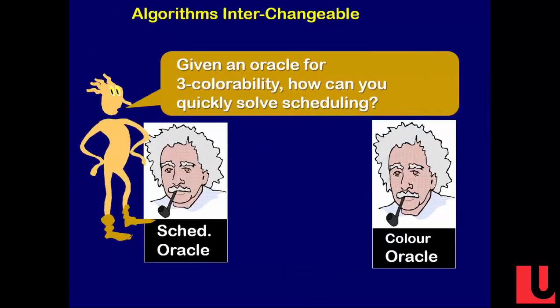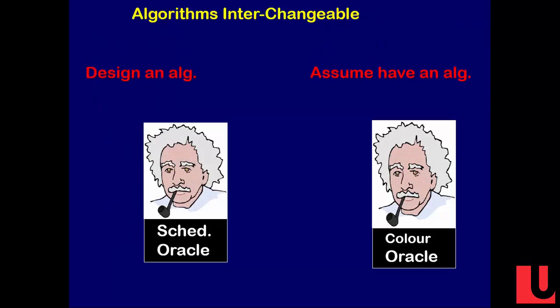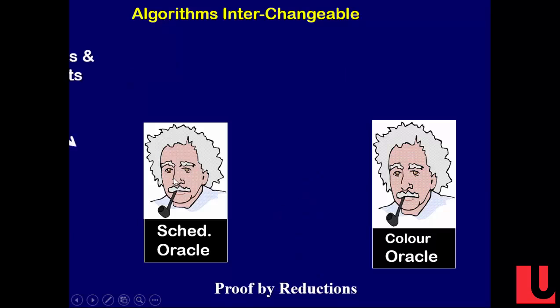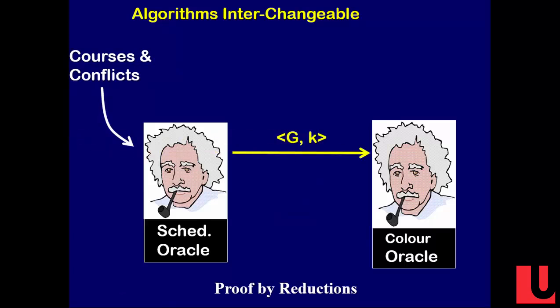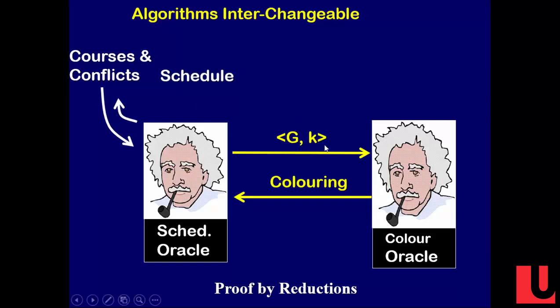All right, how do you do a reduction? Well, you assume you have an algorithm for graph coloring. You want an algorithm for the scheduling problem. So that's the reduction. How do you do it? You're given courses and conflicts. You turn them into a graph, and K is how many colors you're allowed, and it gives you a coloring. Oh, no, K is not how many conflicts there are. It's how many time slots you have, because it's how many colors you have.